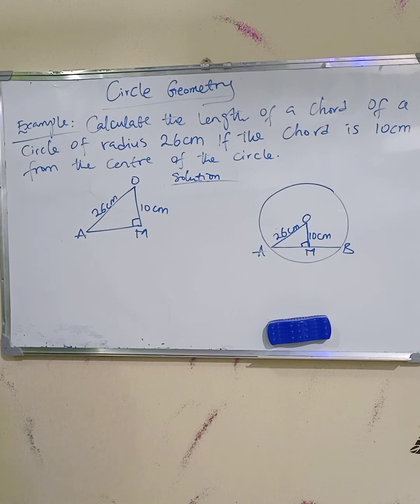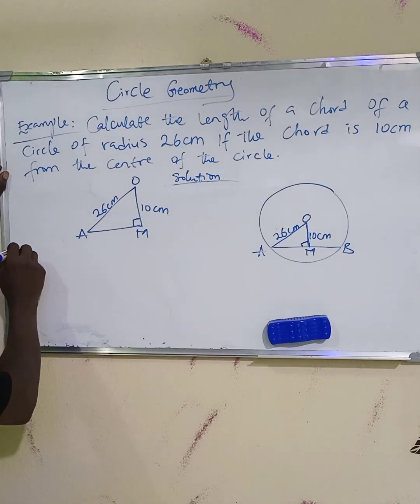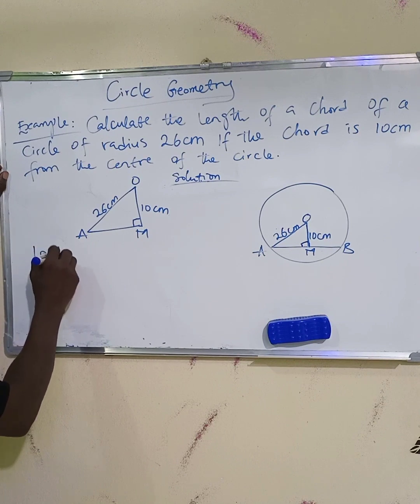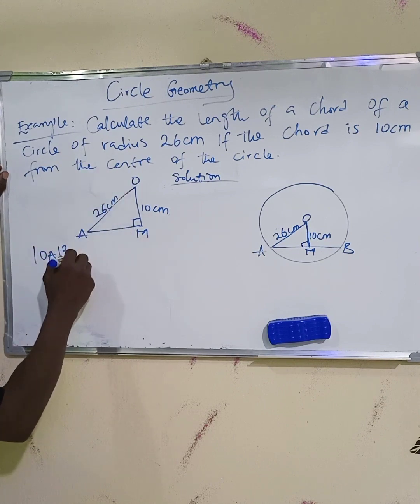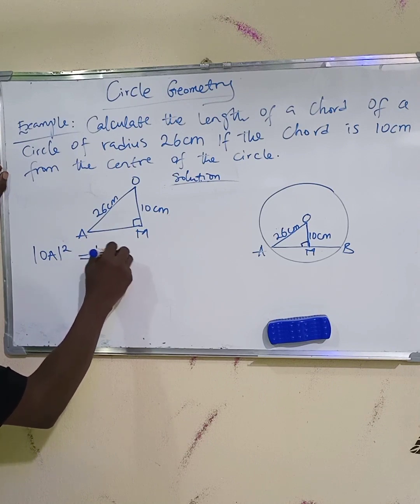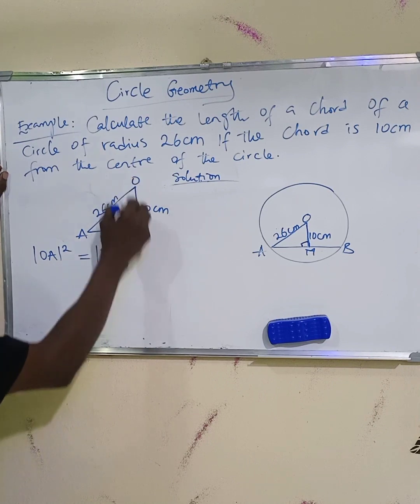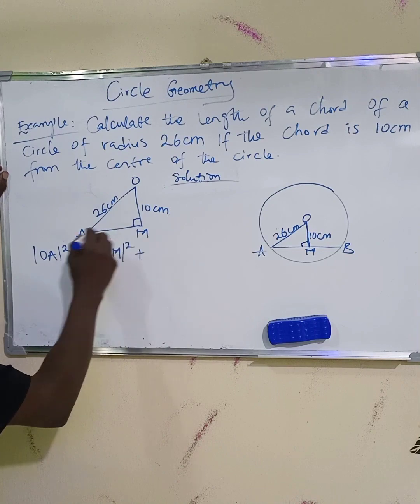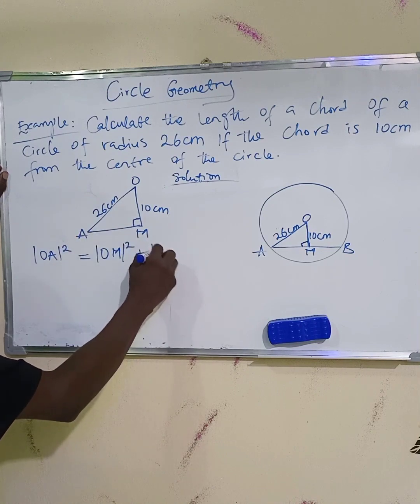Now, from Pythagoras theorem, the length OA squared is equal to the length OM squared plus the length AM squared.